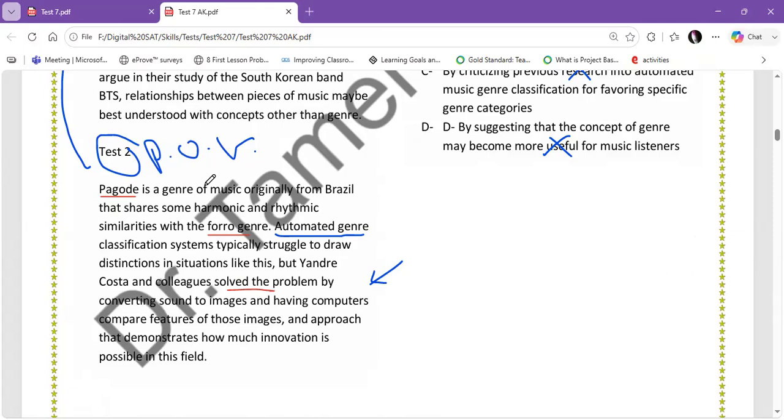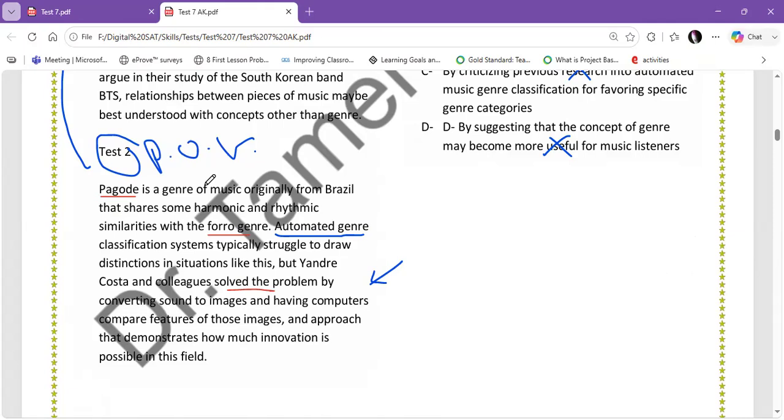But Yandri is one who is going to solve the problem. Yandri Costa and colleagues solve the problem by converting sound to images. They convert the sound to images and have the computer compare features of those images, an approach that demonstrates how much innovation is possible in this field. So I'm going to make it as a summary.